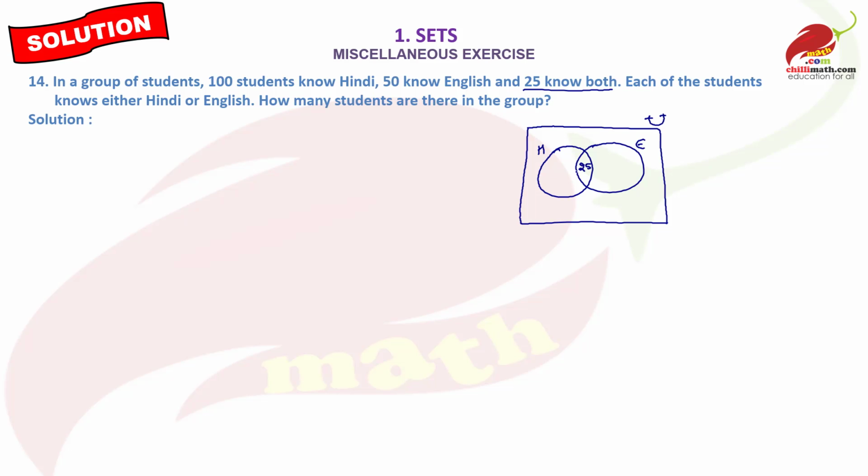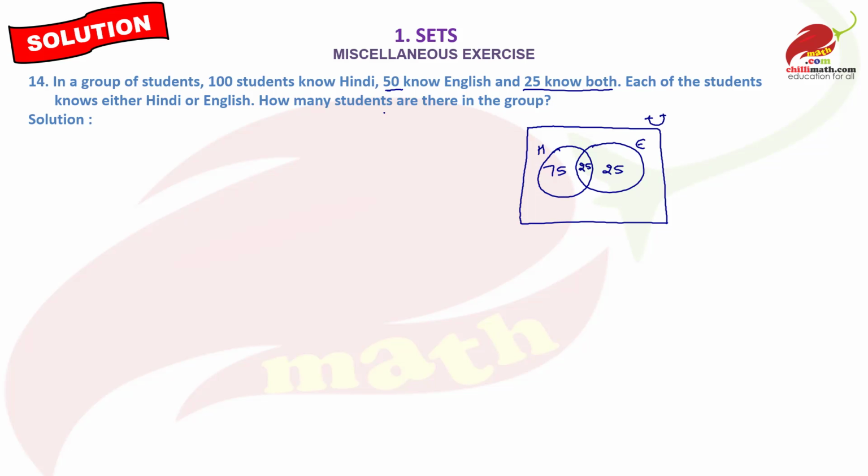Those who know Hindi, 100. 25 already there, so 75 know only Hindi. 50 know English, so 25 is already there in the common, and 25 know only English.